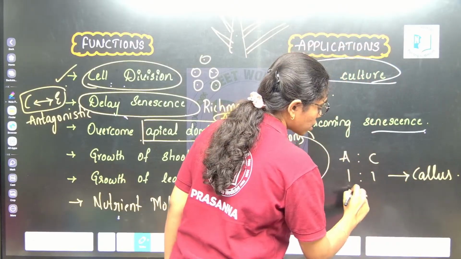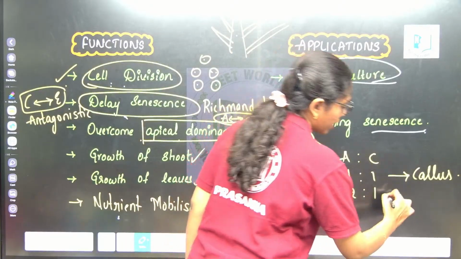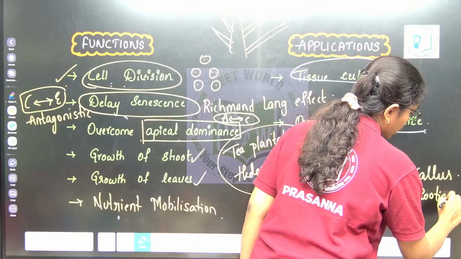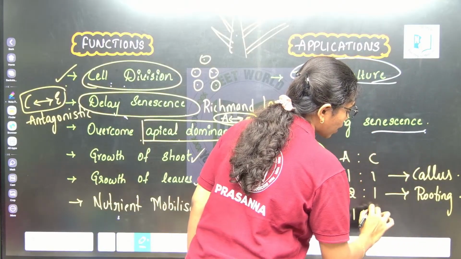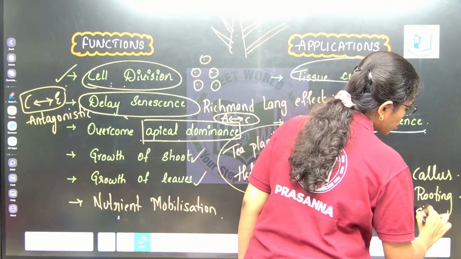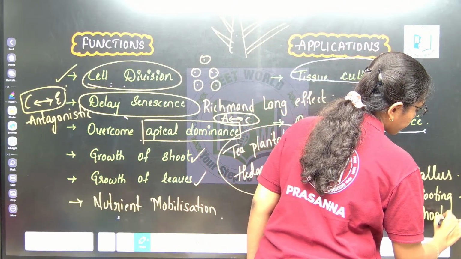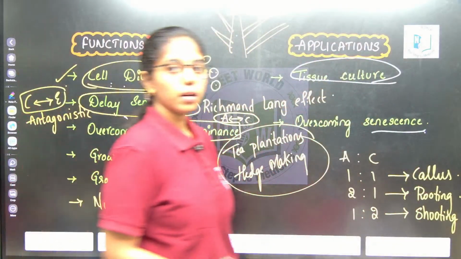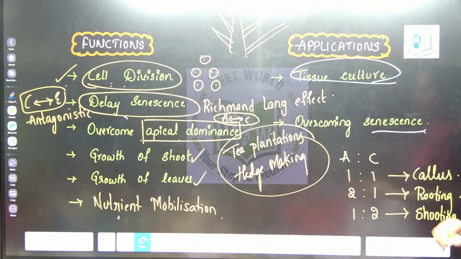If auxin ratio is more than cytokinin, that will first initiate what? Rooting. If cytokinin ratio is more than auxin, that will first initiate what? Shooting. Understood, ma, everyone? Synergistic, antagonistic activities, applications.